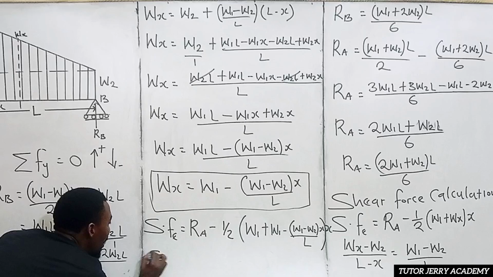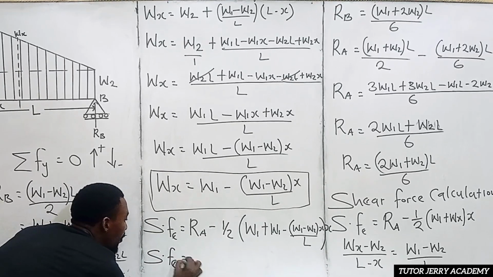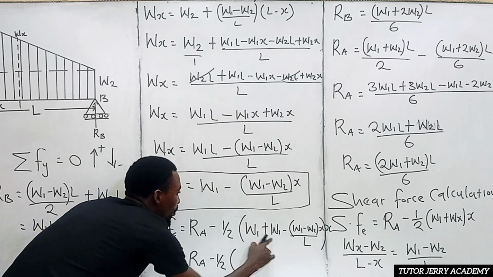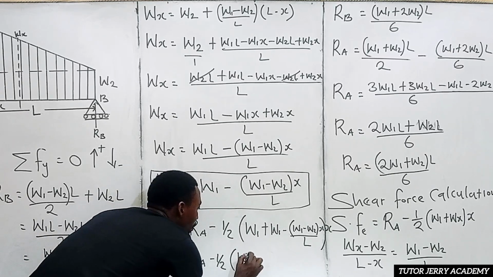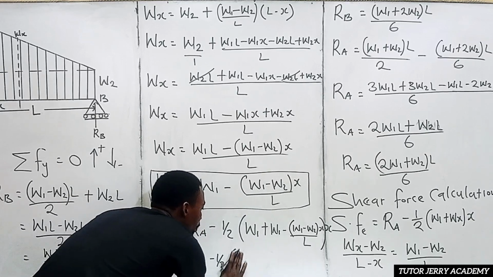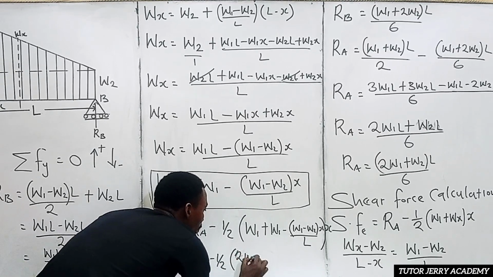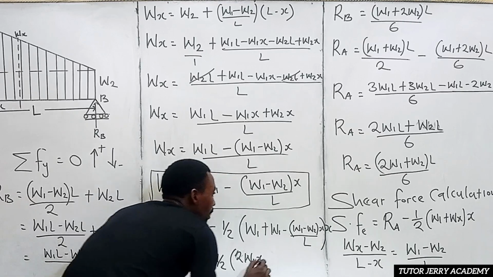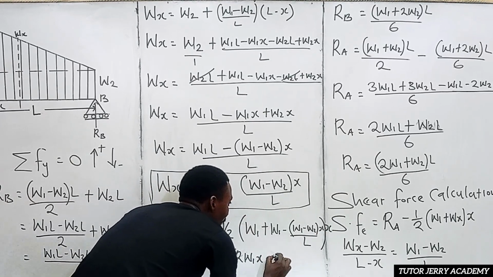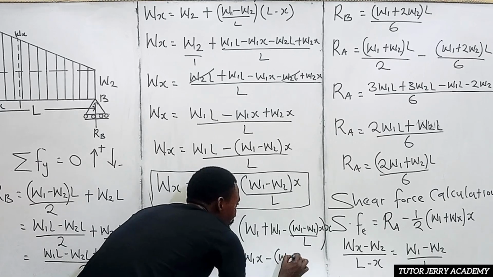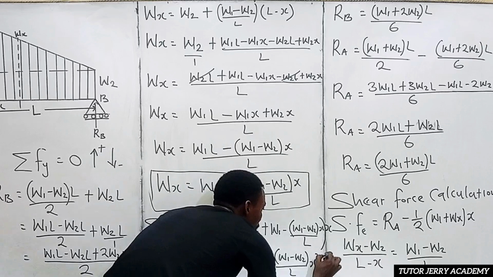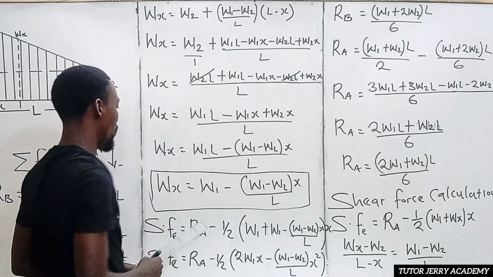So we are going to have our shear force equation equal to R subscript A minus half into W1 plus W1, that is 2W1, multiplied by this S. We are going to have 2W1S, then S times S here is going to give us minus W1 minus W2 all over L, then S squared. All right, so that's what we are going to have.